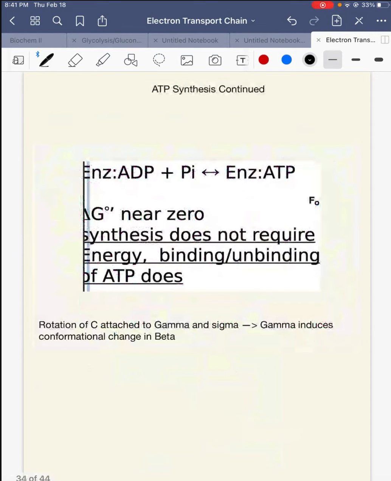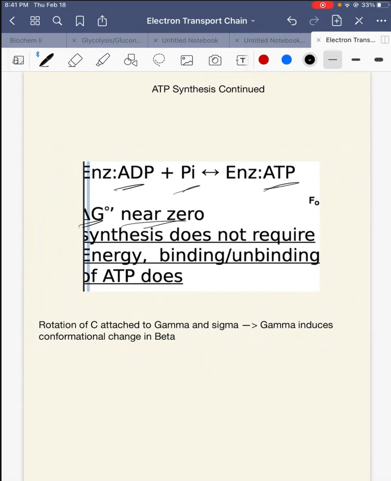Okay, so now that we rotated this, we're going to induce the conformational change in the beta subunits in F1. A thing to know about this is that delta G is actually near zero. So the synthesis does not require energy. When we make ADP into ATP, this does not require energy.